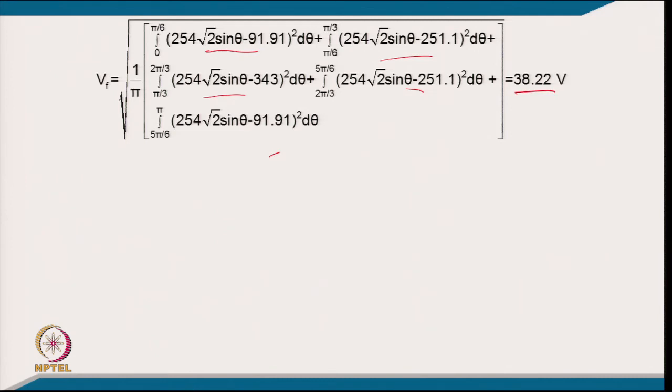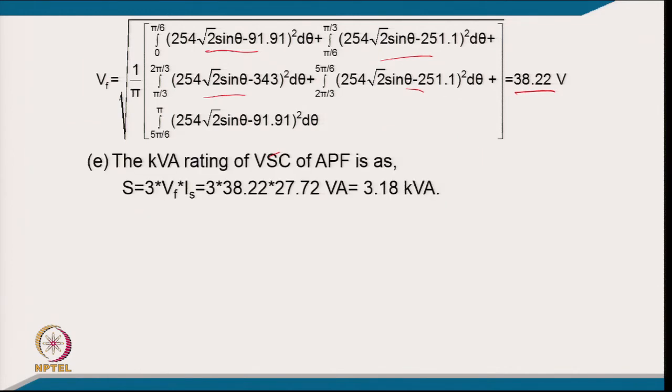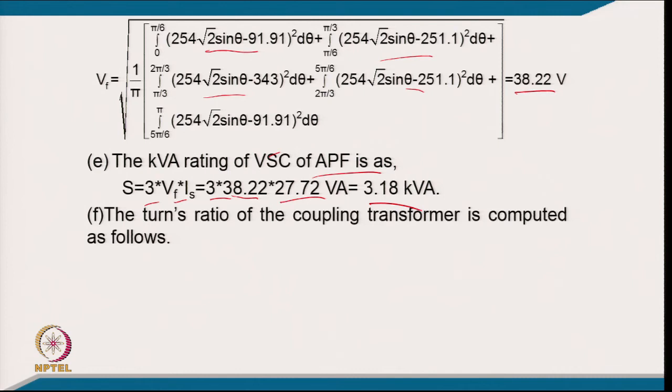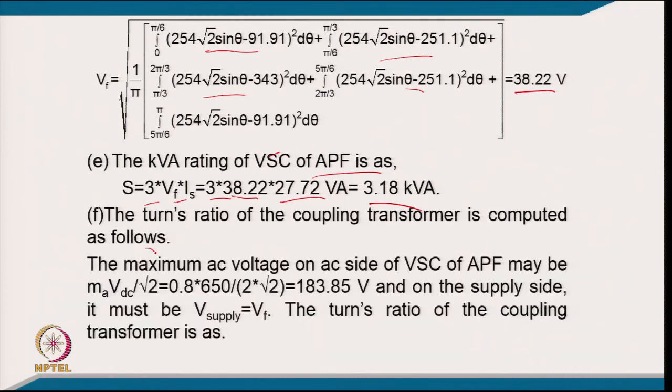In the 12 pulse converter you have fewer harmonics, and the input voltage of the diode rectifier is also closer to a sine wave. The kVA rating of the VSC, voltage source converter of the active filter, is 3 into VFIS. So, it is 3 into the voltage injected, which we calculated as 38.22, into the current 27.72. So, it comes to 3.18 kVA, and the turns ratio of the coupling transformer of the series active filter is as follows.